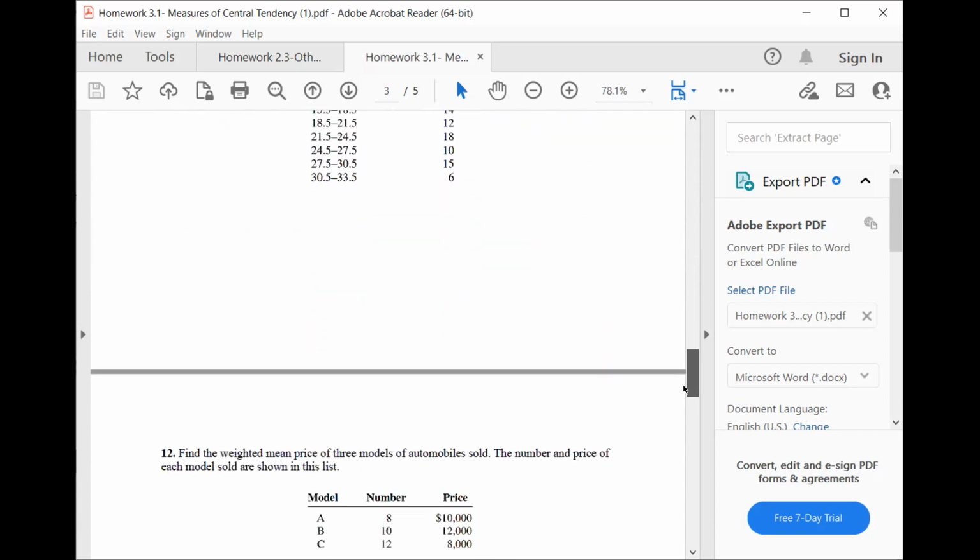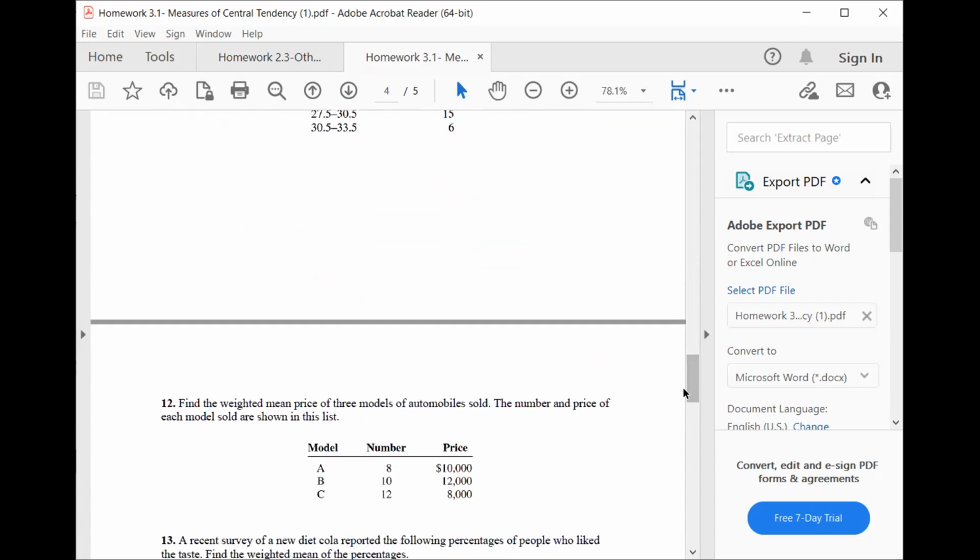It took me a minute to see this, but let me see if I can bring up the calculator so I can show you this. Give the calculator a minute to pop up because it's a little tired, I think. All right, so here's our calculator.